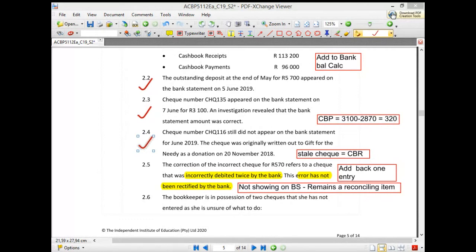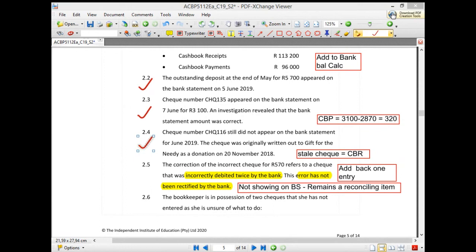We also mark it that way because you are applying the principle correctly, even though you've done it in the opposite manner. Okay, so as long as you apply the concept correctly, you will get the marks. So that is how we deal with point 2.2, 2.3, 2.4.